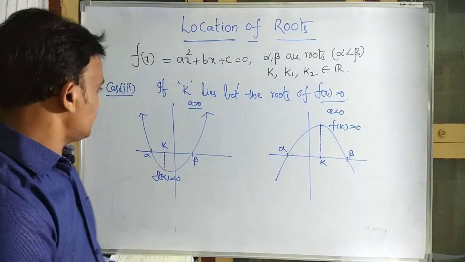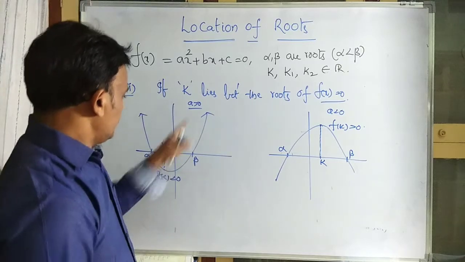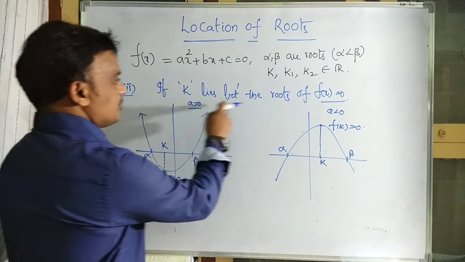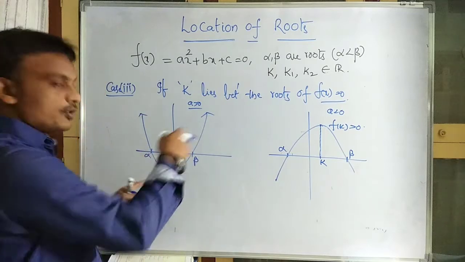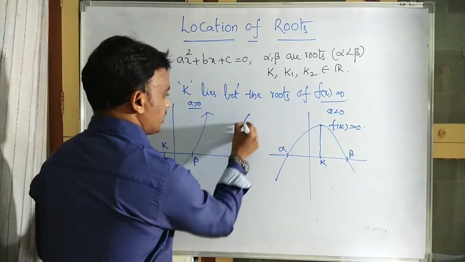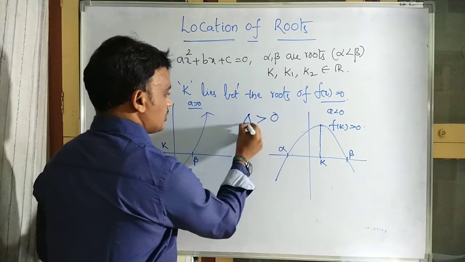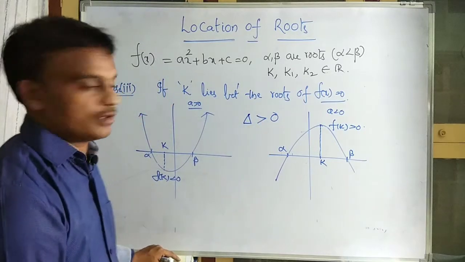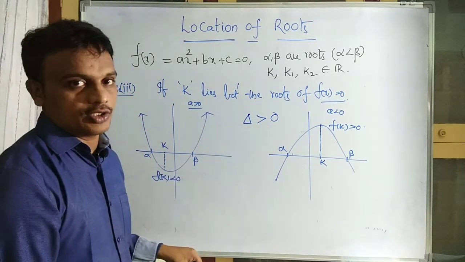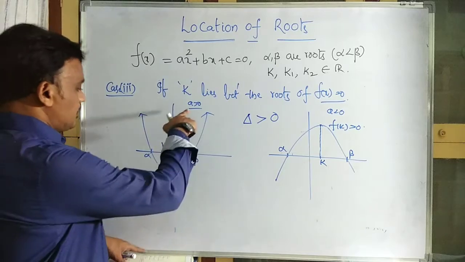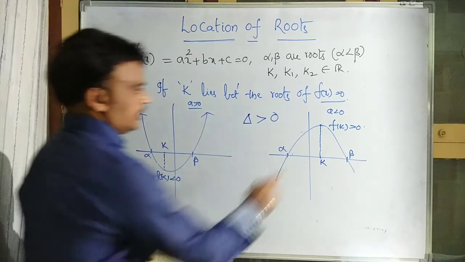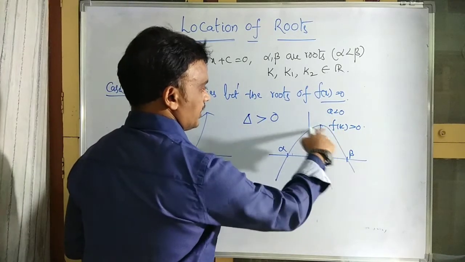Coming to the conditions. Here k lies between the two roots, and the roots will be different. So here I am going to write the condition. Delta should be greater than 0, not greater than or equal to 0. And if a is positive, f of k is negative; if a is negative, f of k is positive.